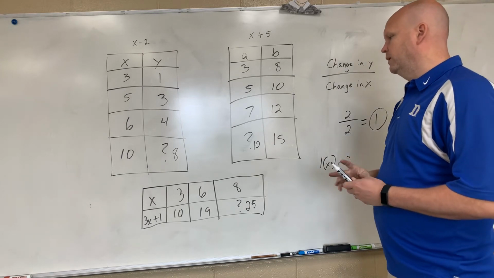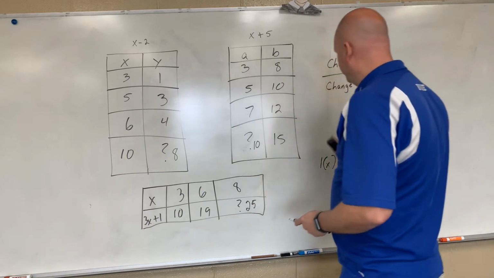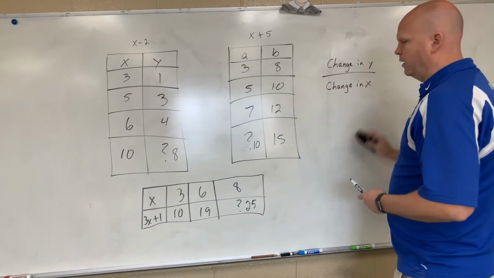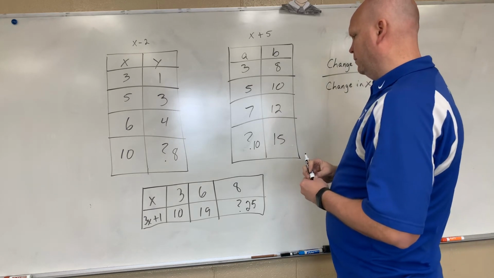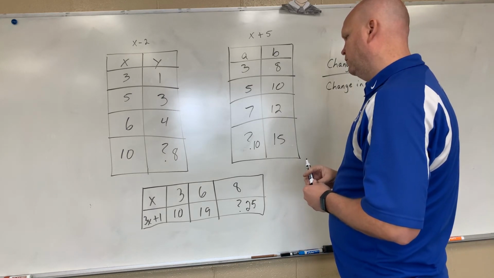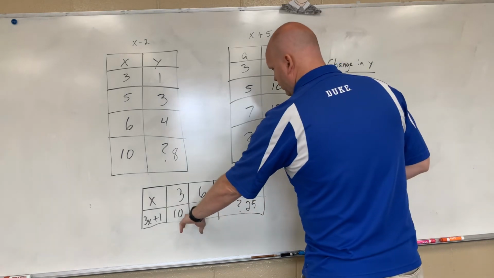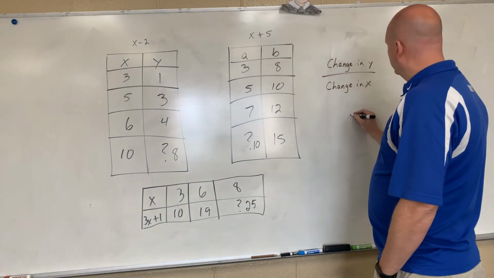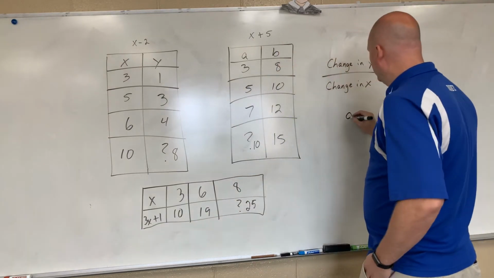And sometimes it'll be a little bit more complicated, but if we were trying to solve this one, which is probably a better example, the numbers they give you aren't great to solve that. But if we did change in y, these would work, I was looking at it the wrong way. Change in y between these two is 9.